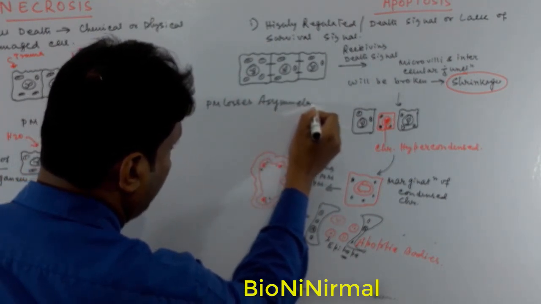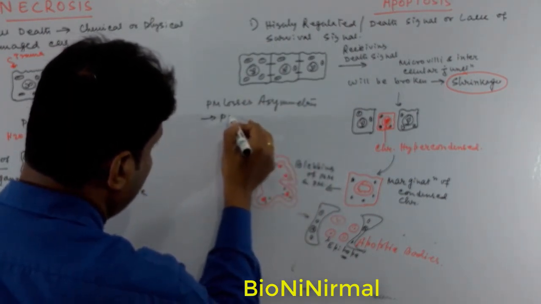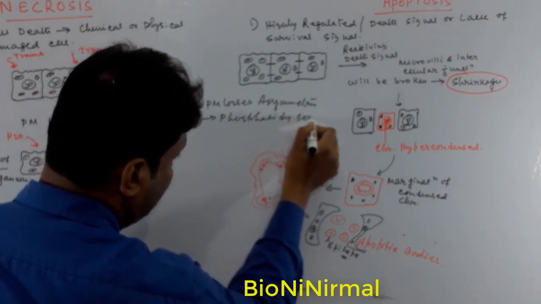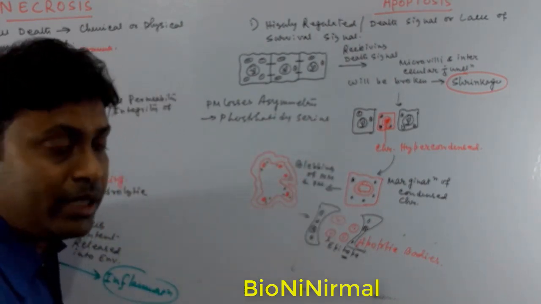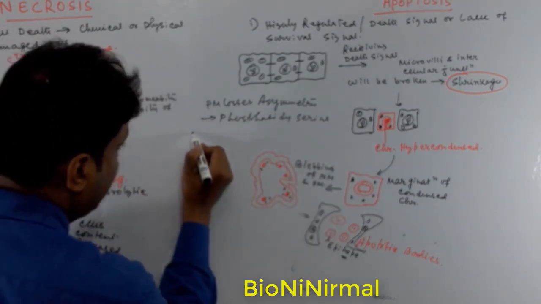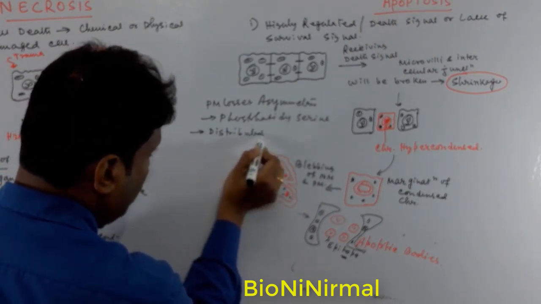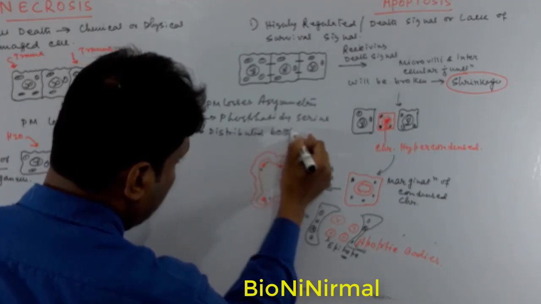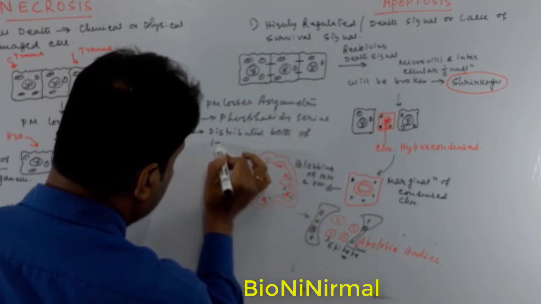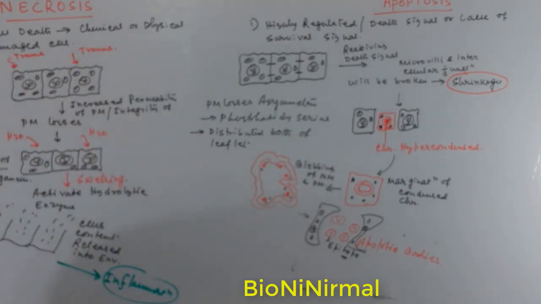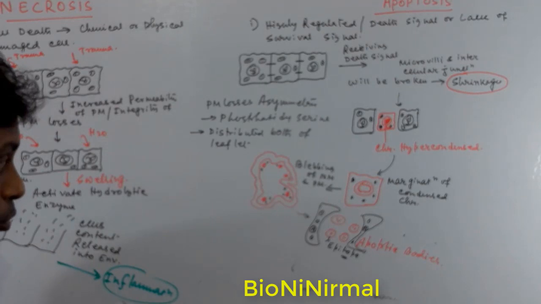So this is another important point, and phosphatidylserine, which is usually found in the inner plasma membrane, is distributed in both leaflets, okay. And you know that the phosphatidylserine is usually present in the inner leaflet of the plasma membrane, but during the time of apoptosis the phosphatidylserine will be distributed in both leaflets, okay.